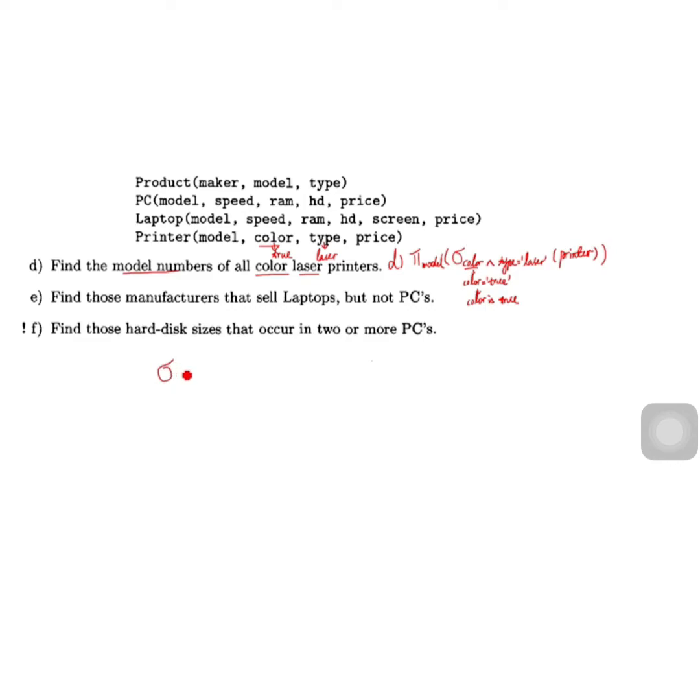Okay, now product. We know type in product, type is PC, laptop, or printer. So we can write the condition of type.